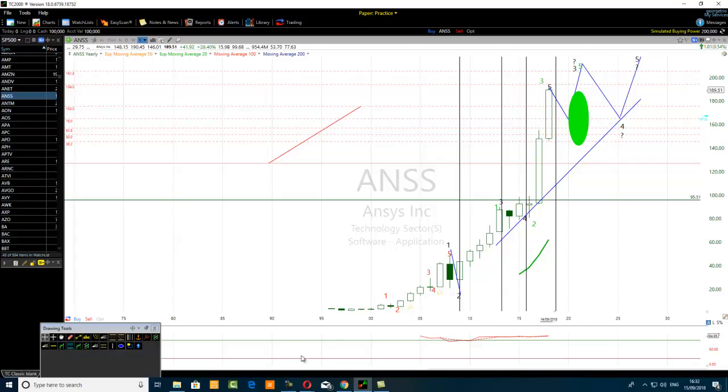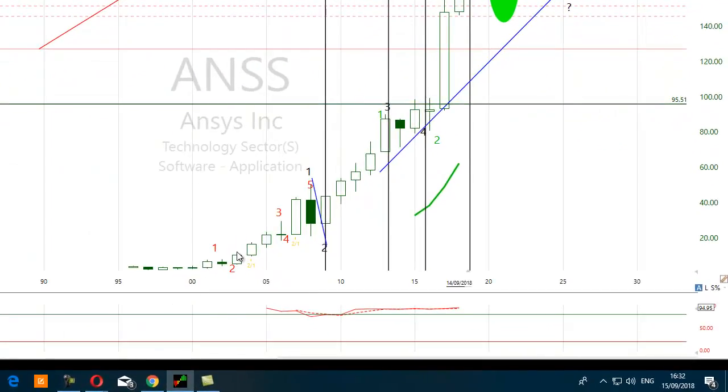It is a multi-wave subdivided into 5 waves: 1, 2, 3, 4, 5. We will see what will happen next. All right. Happy trading to you all, and I will speak to you soon.